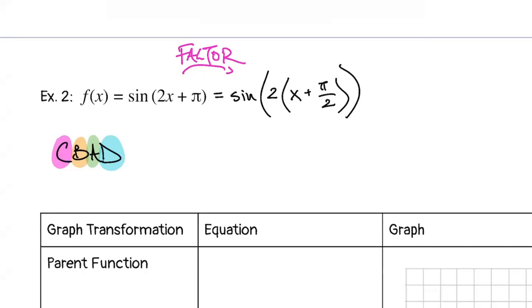Well, it should be somewhere in the notes. Maybe if you scroll around, you could find that.